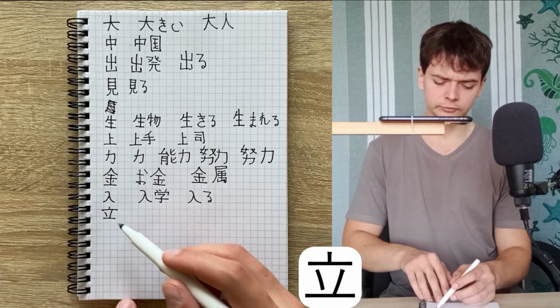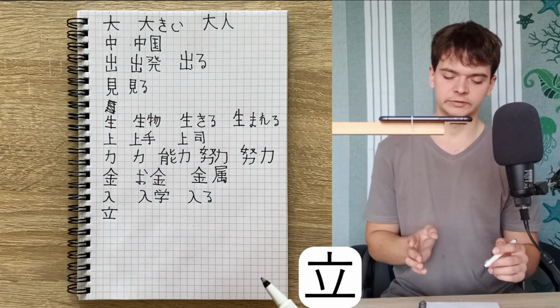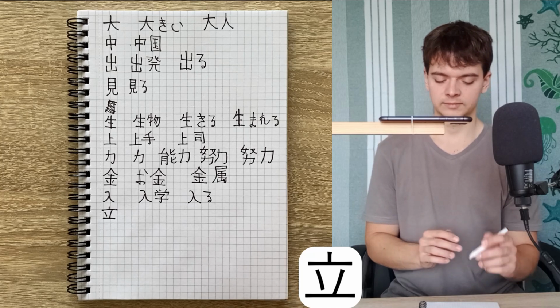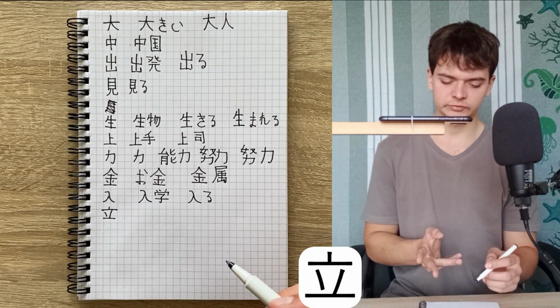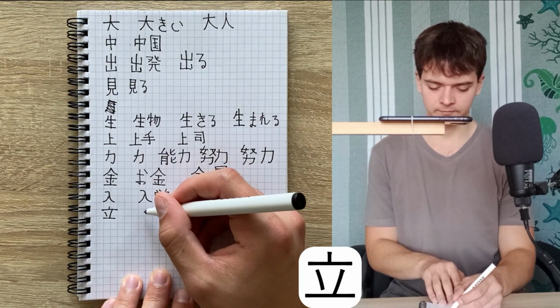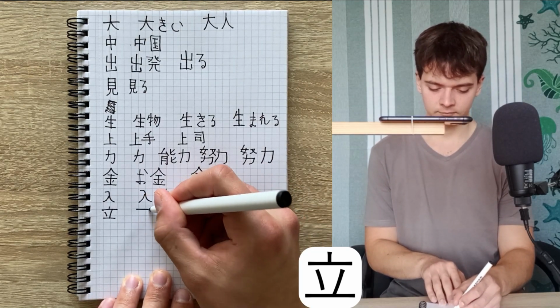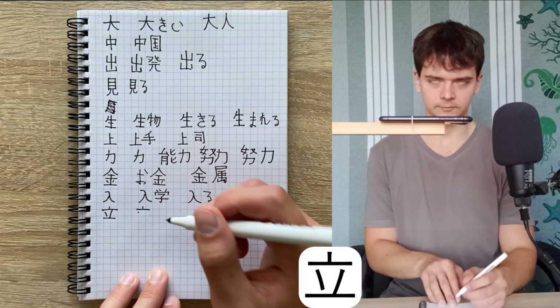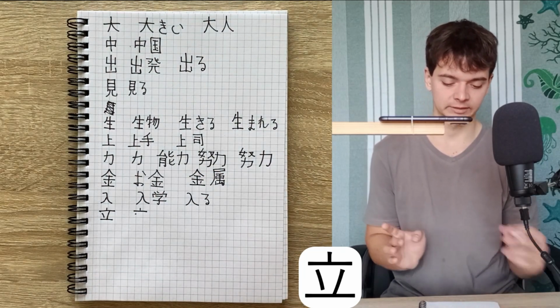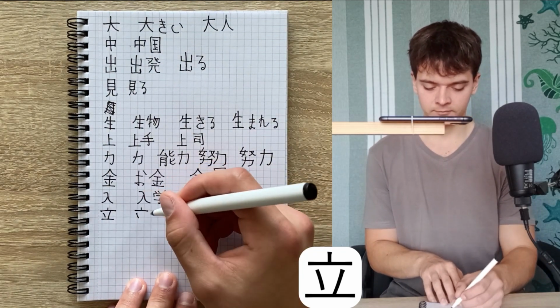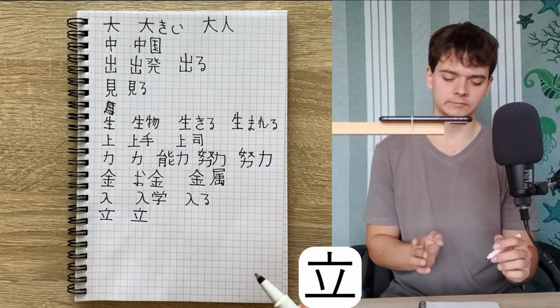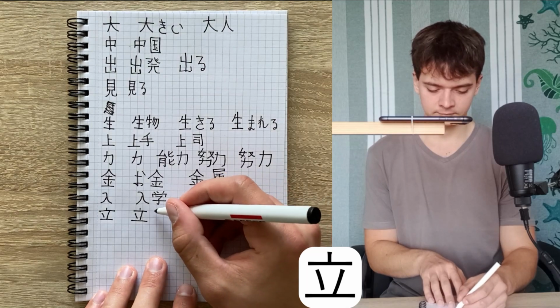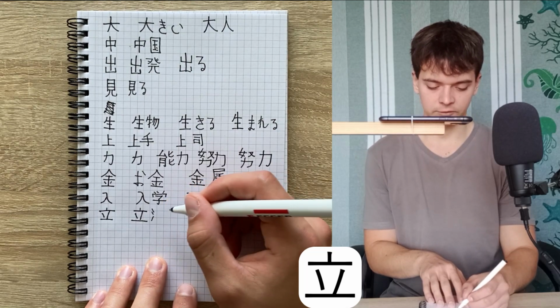If you put it into Google Translator, you would get the reading Ritsu. But it's not really used as Ritsu. It's read as Ri in the word Rippa, not Ritsu.